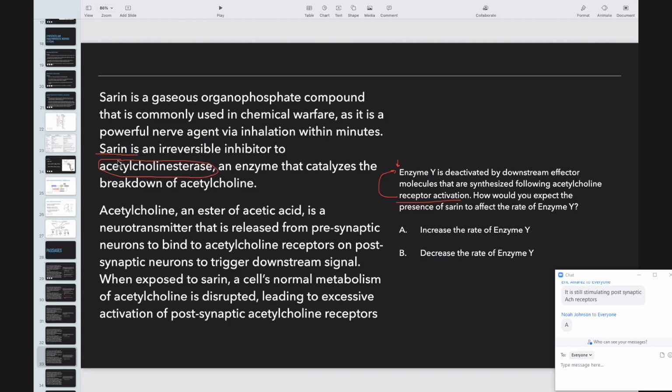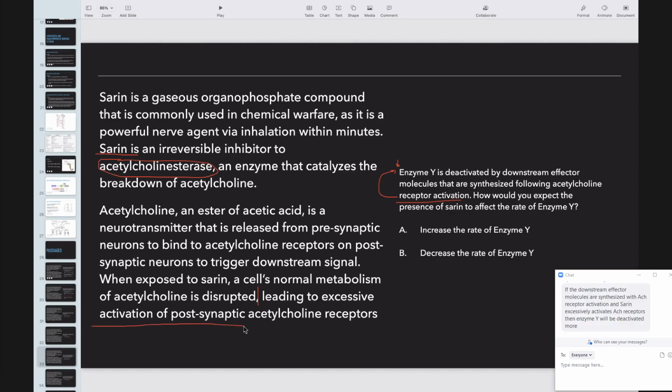So if we are blocking the enzyme that breaks down the acetylcholine, we're not breaking down the acetylcholine. So the acetylcholine is still going to be there, leading to excessive activation.